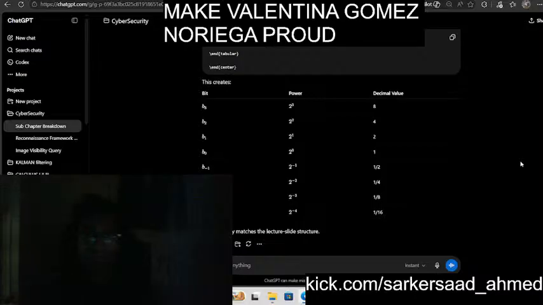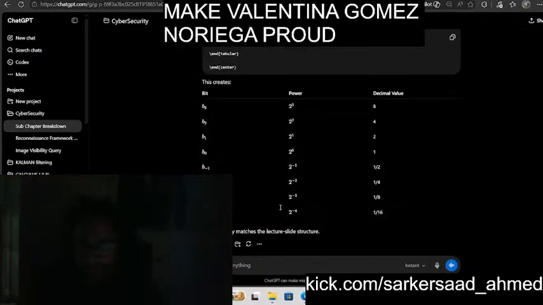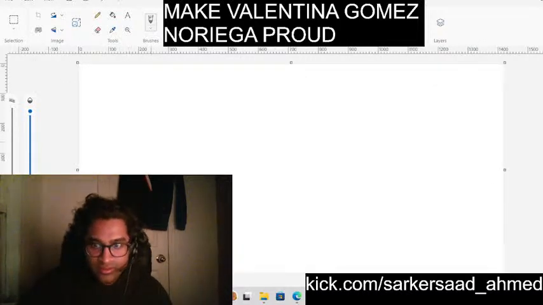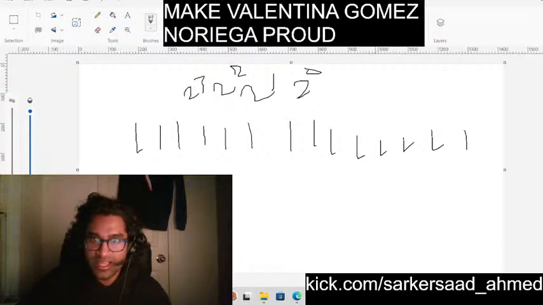No, I meant, like a box, right? Let me show it on Paint. Again, it's not able to understand. So it's like this. It'll be like 2 to the power 0, 2 to the power 1, 2 to the power 2, 2 to the power 3, something like this.